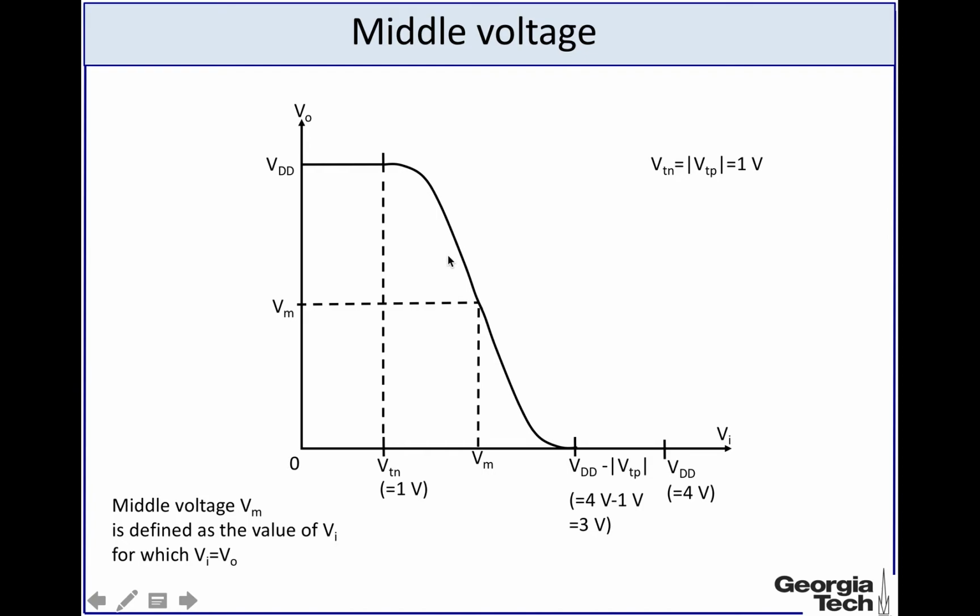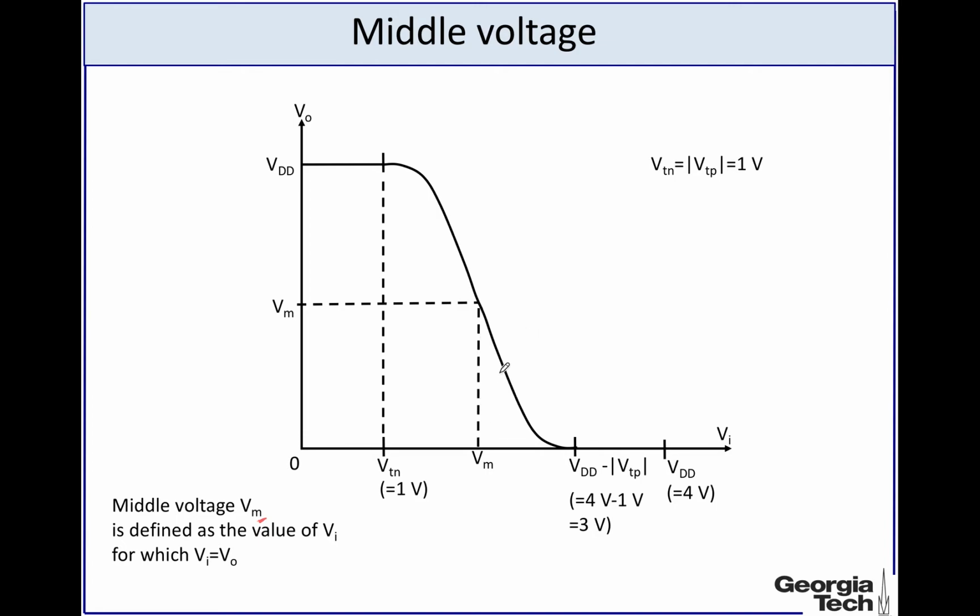So one way of characterizing an inverter's voltage transfer characteristics is by a parameter called middle voltage. Middle voltage is defined as the value of the input voltage for which the output voltage is also equal to the input voltage.